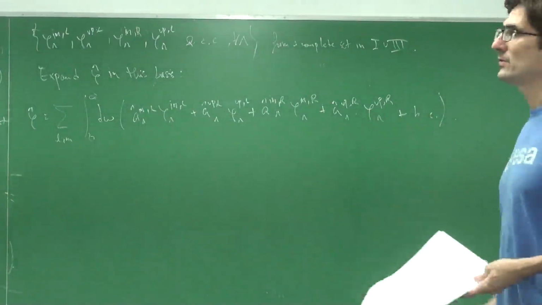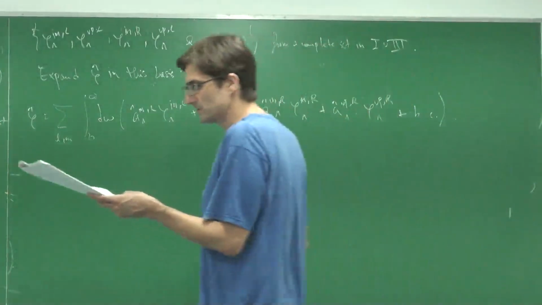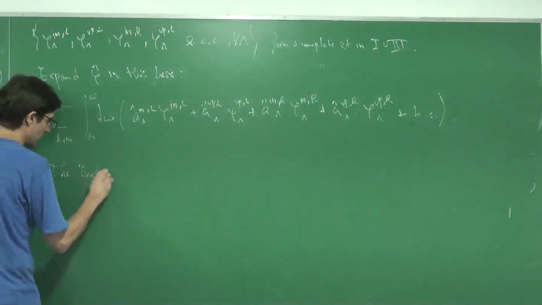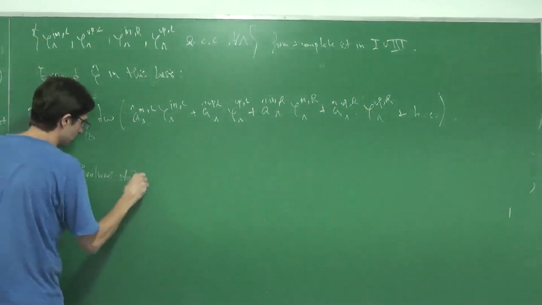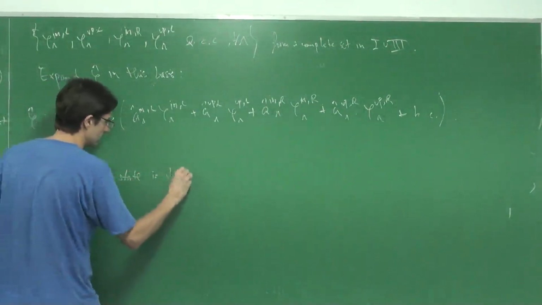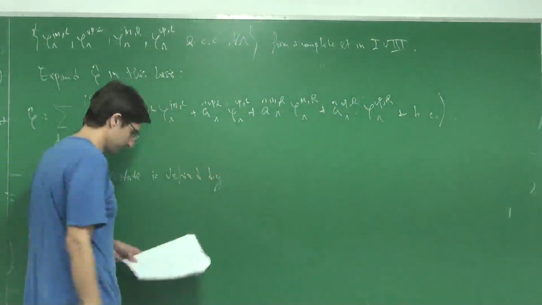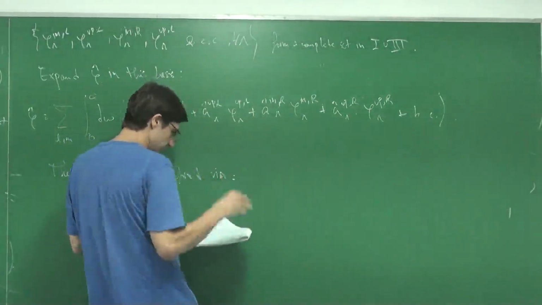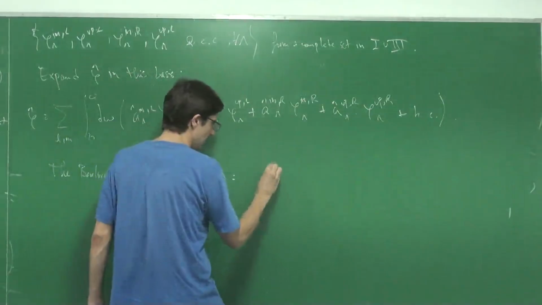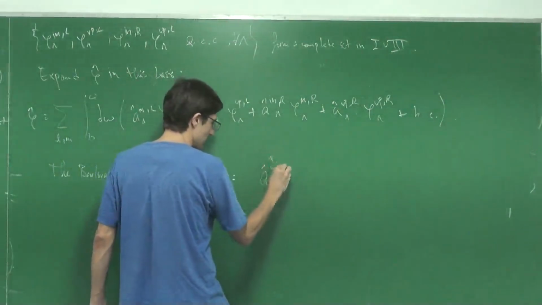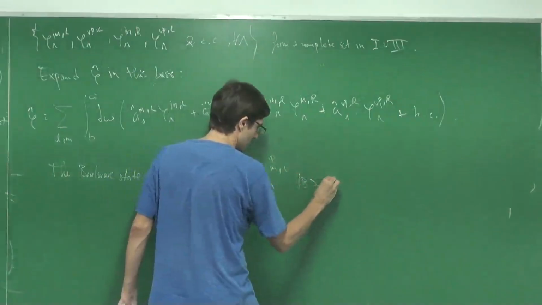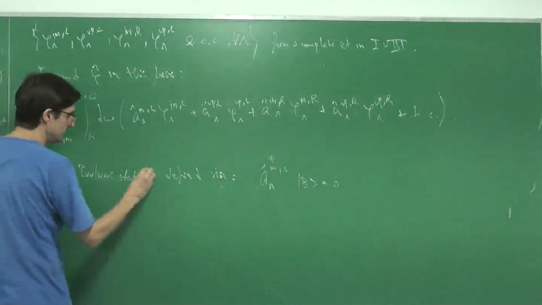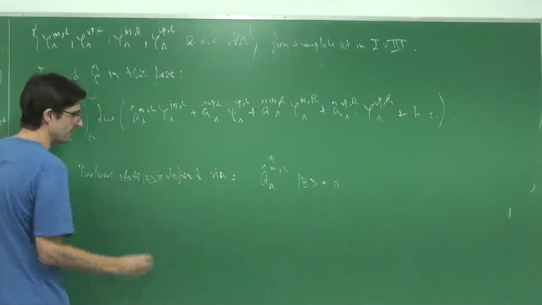And now you can define the vacuum state or a quantum state. It's called the Boulware state, and it is defined by being a state which is annihilated by all these annihilation operators. So the Boulware state is defined by this.